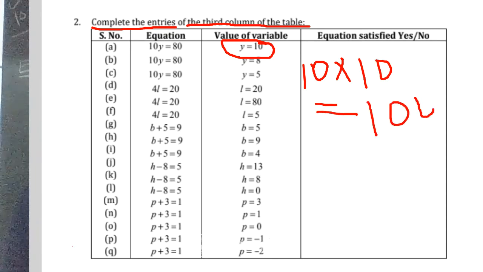Okay. But here this is equal to 80. It means that y is equal to 10 is not satisfies. Okay. So you write here no. Clear? So let's see how to solve it.